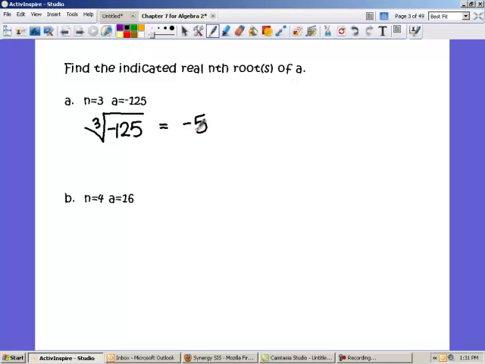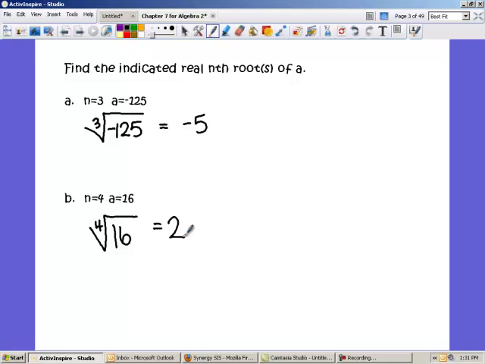Now if you go to letter B, they want the 4th root, so the n is 4, and we're going to do it of 16. We can't get anything higher than a 3rd root in our calculator without punching it in. So we push 4, then math, scroll down to number 5, and punch in 16. My answer is 2.